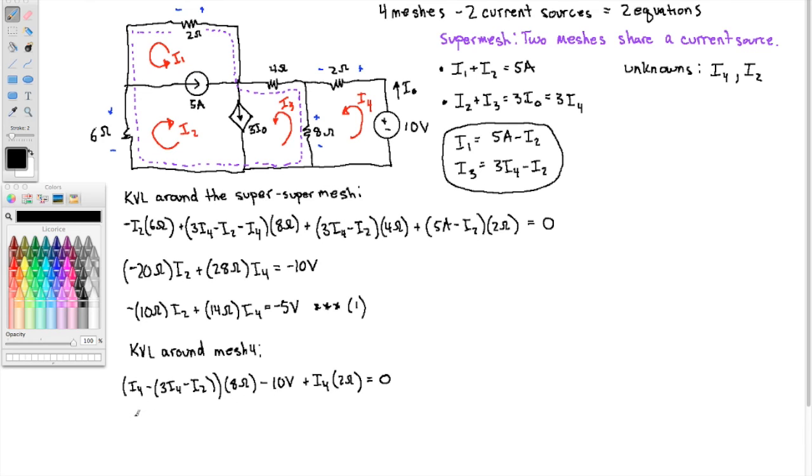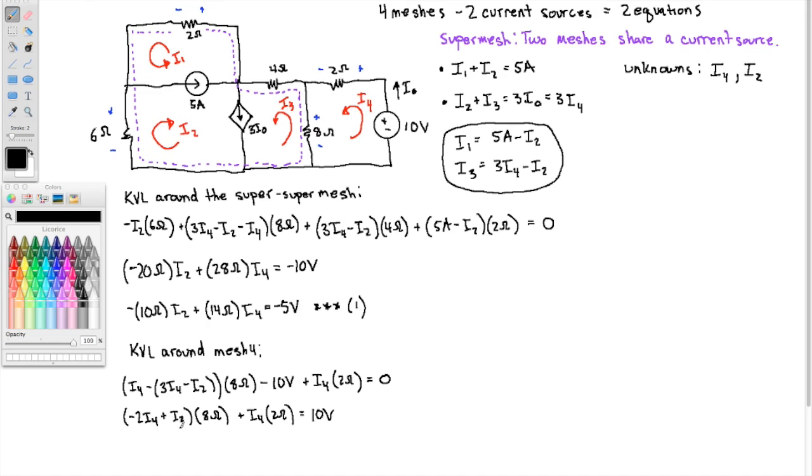So let me combine some like terms here. Let me work on these double parentheses. I've got I4 minus 3I4, so that makes minus 2I4, and then a plus I2 times 8 ohms plus I4 times 2 ohms, and I'll get the 10 volts to the other side.